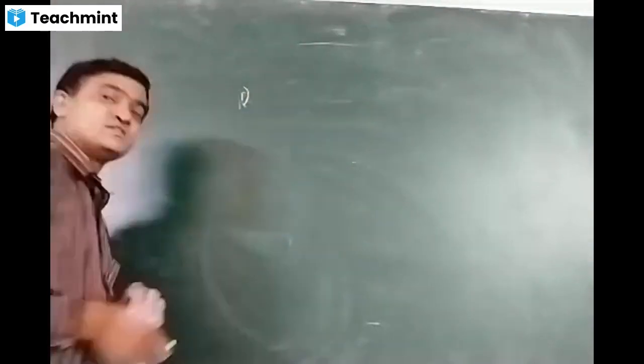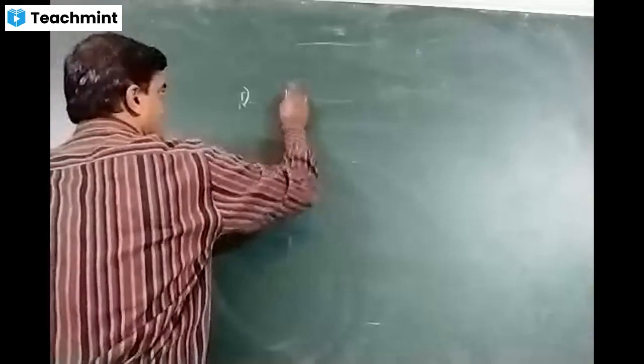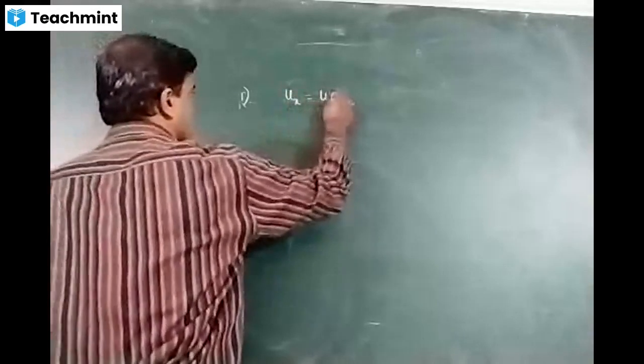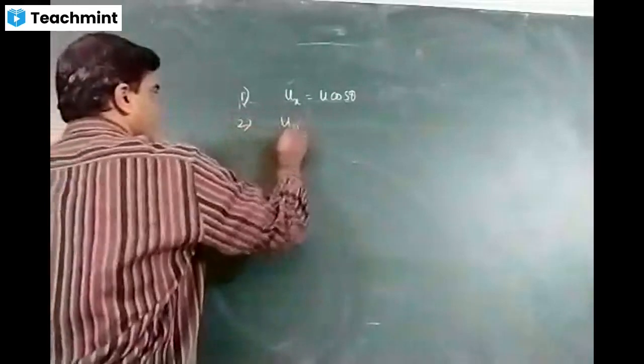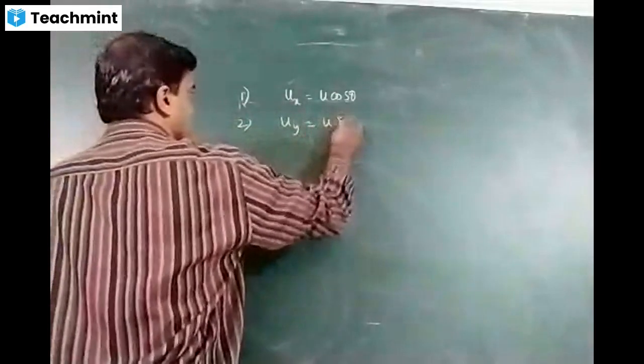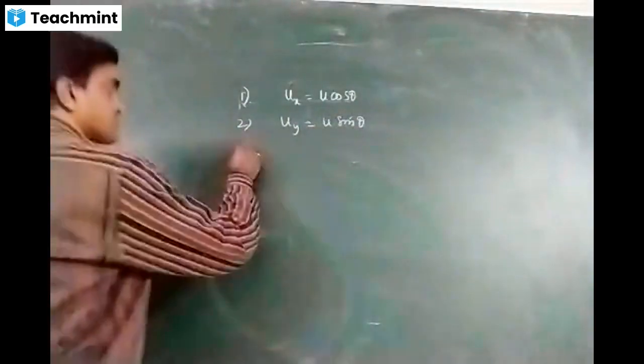Let me use the kinematic equations. We got like this: ux is equal to u cos θ, uy is equal to u sin θ.